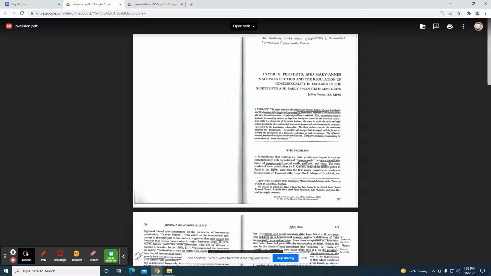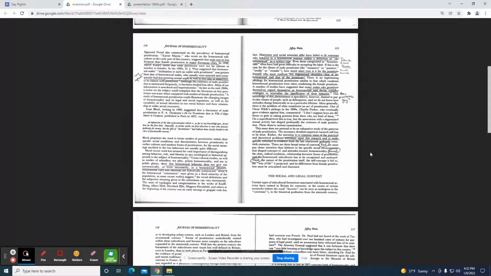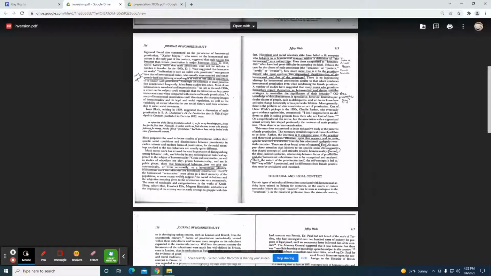All right, this next one: Inverts, perverts, Marians, male prostitutes, and the regulation of homosexuality. So here we're talking now about homosexuality and class. What you want to do with this one is look at the role of economics. If we take two males and these individuals are engaging in any sort of relationship, what would happen if we have a male prostitute?